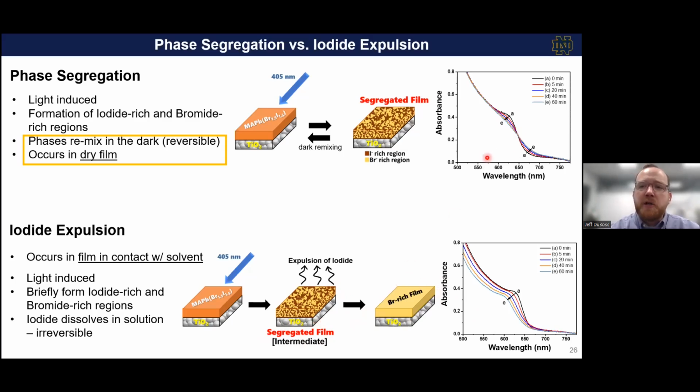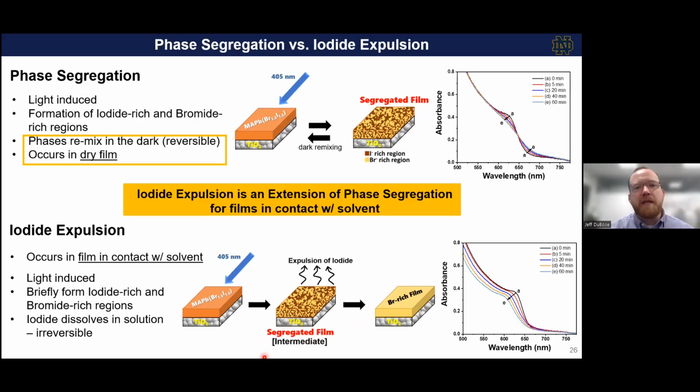So instead of getting reversible nice changes in the UV-vis absorption, you end up getting basically a blue shift of that absorption feature here, and that's reflecting the loss of iodine continually into the bulk solution. So when we're doing electrochemical experiments, we're taking phase segregation and going one step further to iodide expulsion, just because of this requirement for doing things in electrolyte.